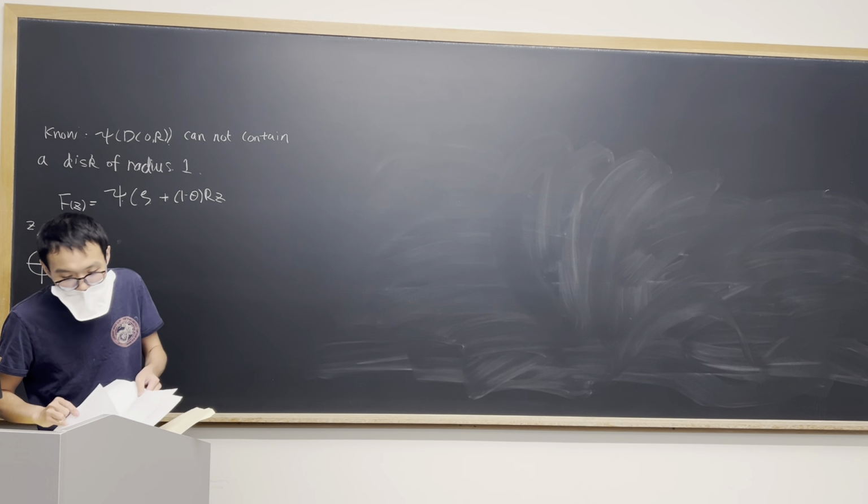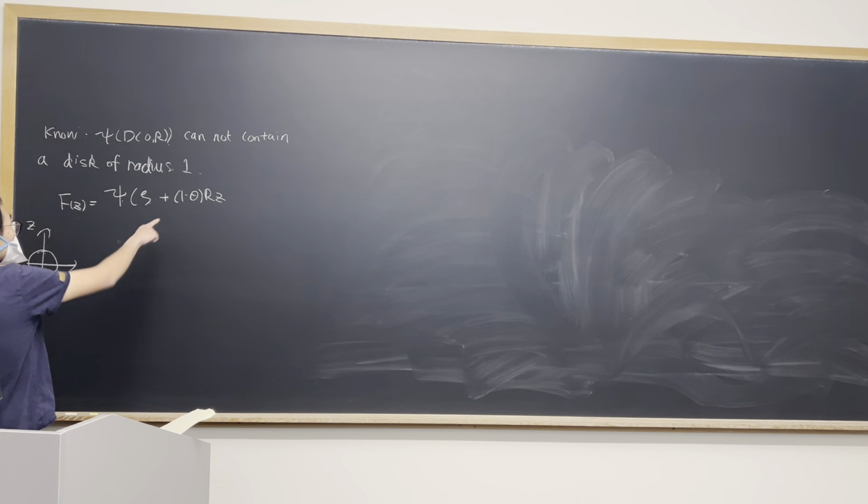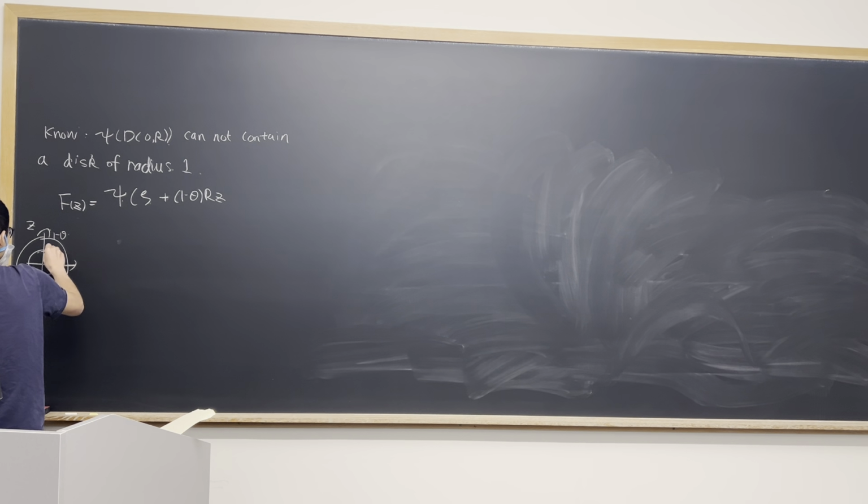So this r can be arbitrarily big actually, so we will dilate it. I think it could get bigger. So this is the disk of radius 1, and then you dilate it. It becomes a disk centered at 0 of radius 1 minus theta r.